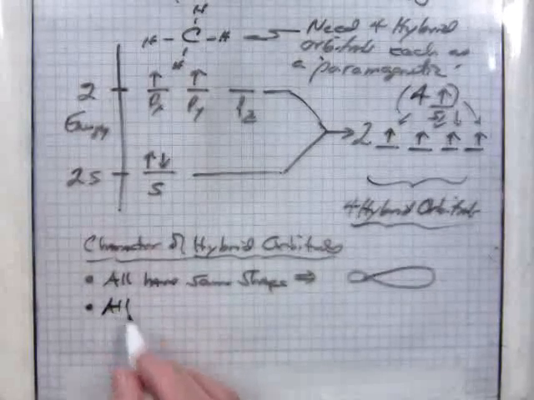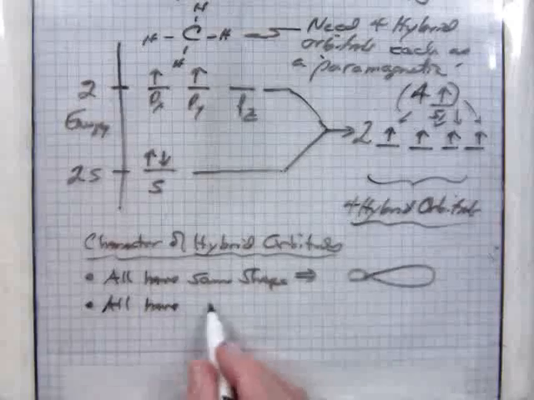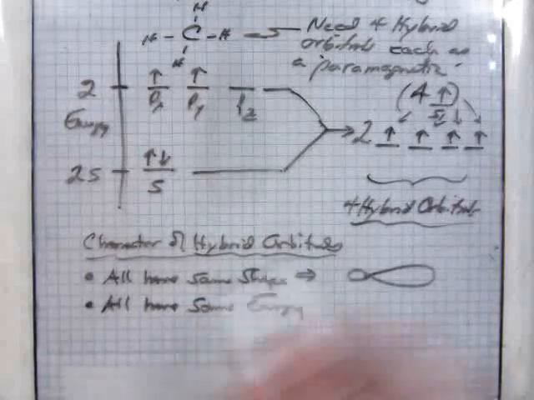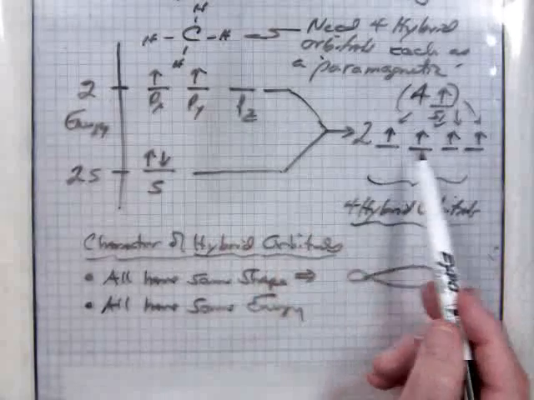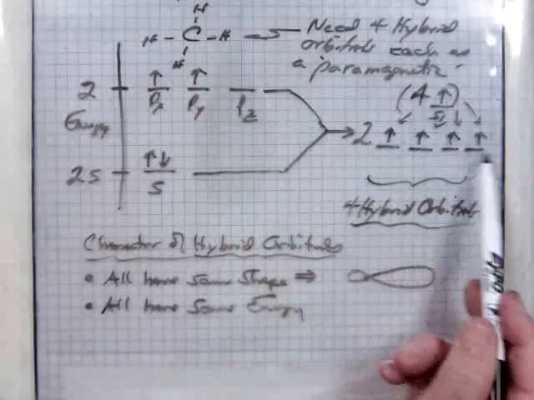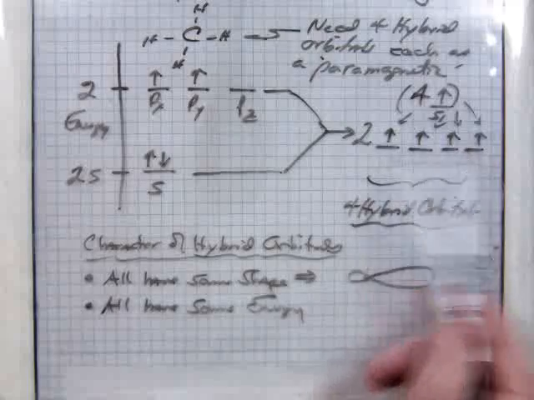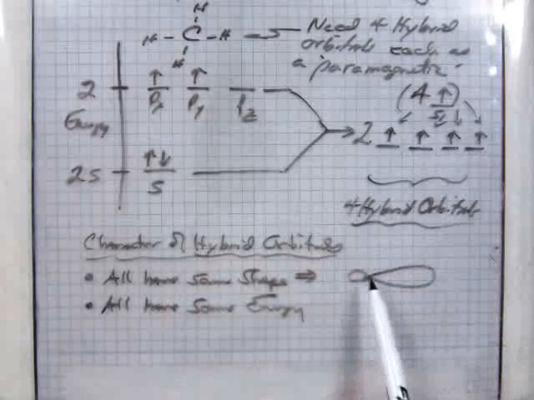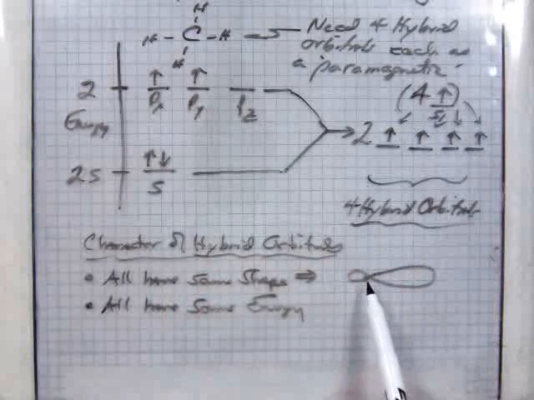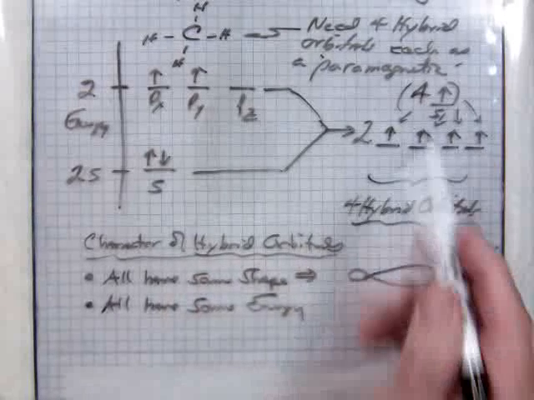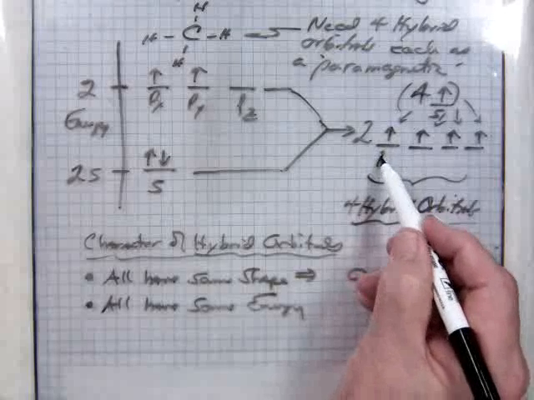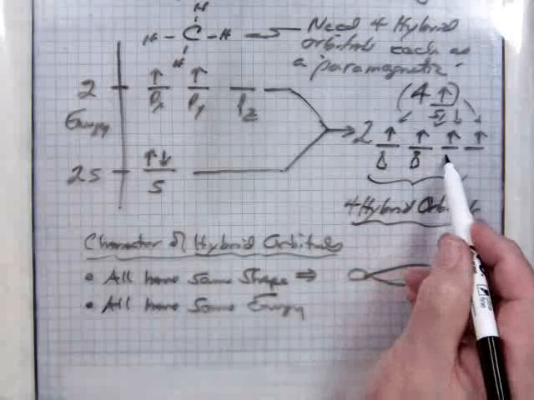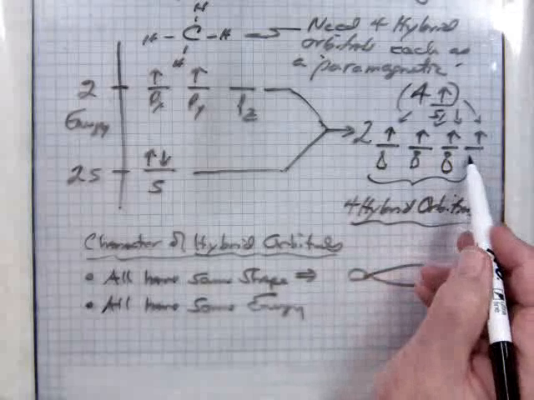All have the same energy. So when you blend them together and pour them out, like in the second energy level, you notice I've drawn them all parallel to one another. And so all of these have the same energy. So you have 4 of these asymmetrical figure 8s up here that have formed.